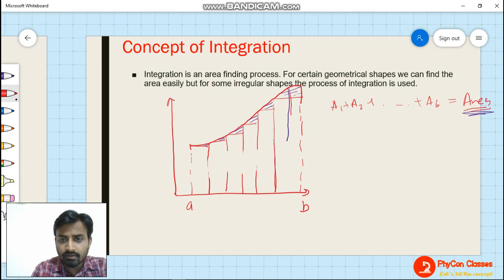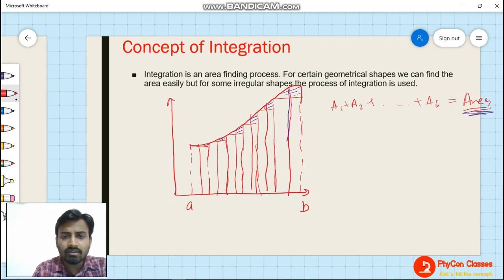Just make it half. Now make it half like this. Now, if you reduce the width of your rectangle, what is going to happen? Now the area which is left, because now this is going to be like this, right?